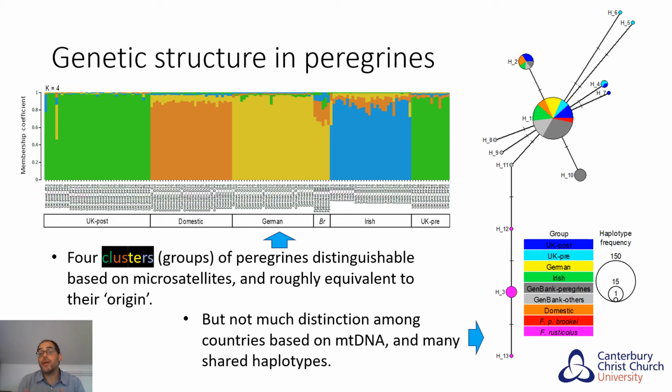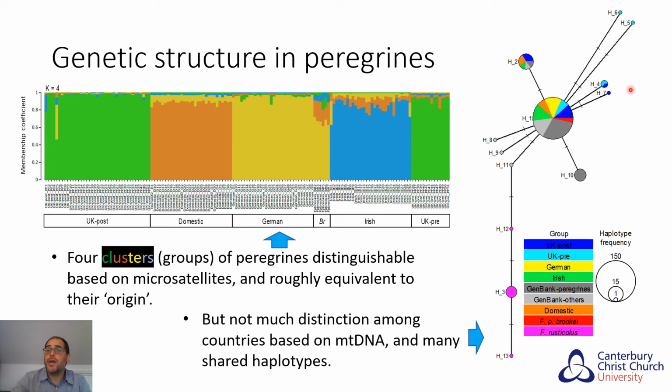In terms of mitochondrial DNA, it is not as variable in falcons in general. We observe very few variants, haplotypes, and we discovered a couple of haplotypes that were preferentially found in the UK post group and the UK pre population, before the population crash.